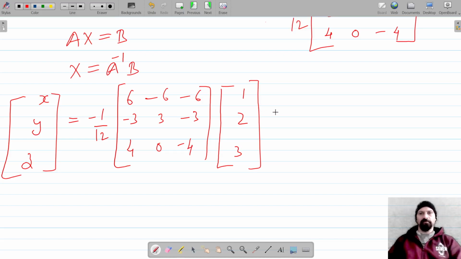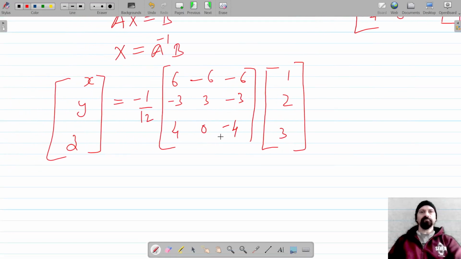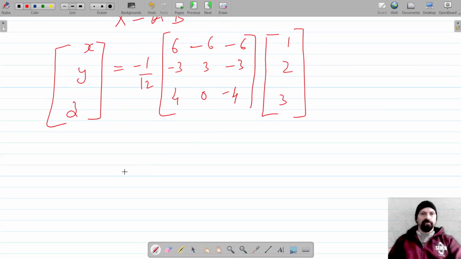Okay, we are ready to find the product. So how do we find the product? We have to find the sum of the products of the respective elements of the row and the column.